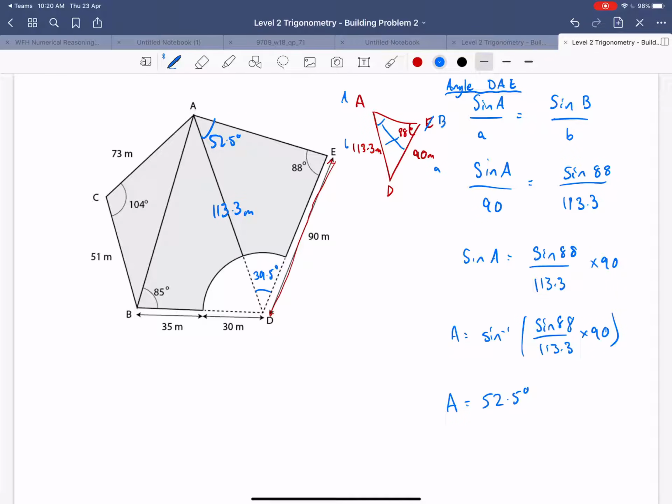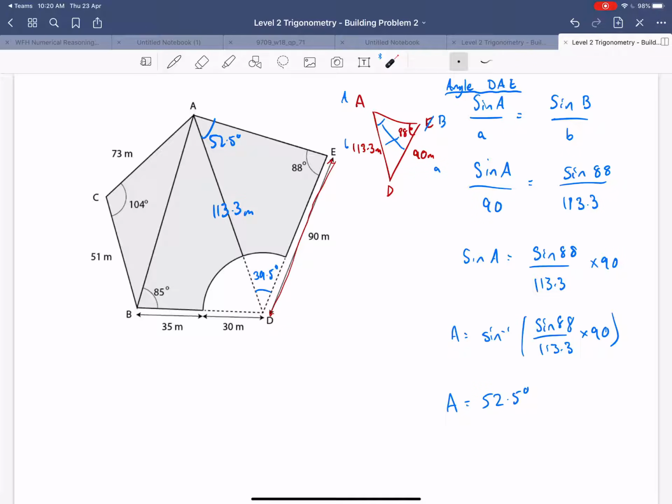That will allow me to find the area of this triangle, and it will also allow me to find the length of AE by using the cosine rule, or I could use the sine rule with angle opposite side and another angle opposite side, with either one of those two. But I'll save that for later.